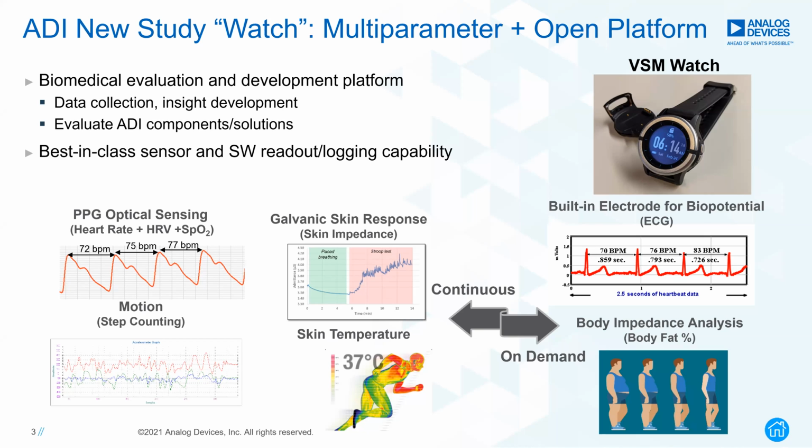If you have heard of ADI before, we are mainly an analog company which mainly deals with analog front ends, sensors, or the kind of solutions which, if we put them together, form a solution.